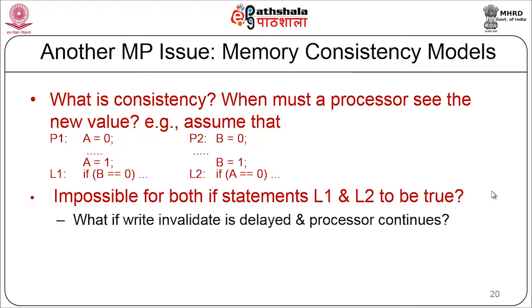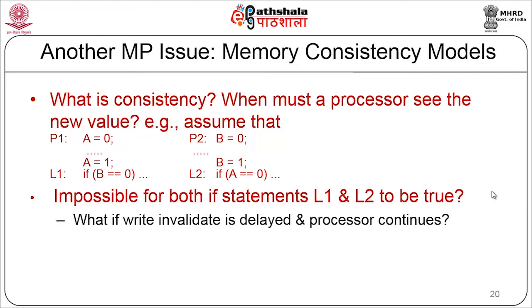To give you a better example of consistency, let us assume the two sequences that have been shown. We will assume that A and B have been cached by both processors P1 and P2. Initially A is 0, and at some point processor 1 sets A equal to 1, and then does a condition check on B, and based on that it is supposed to execute something.